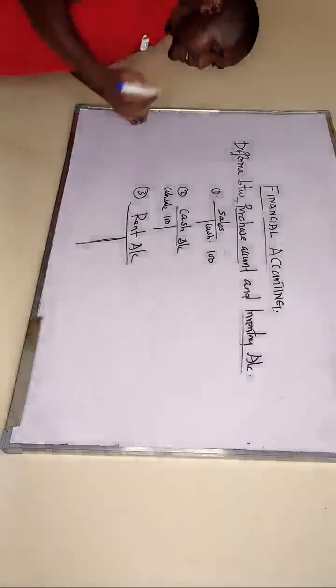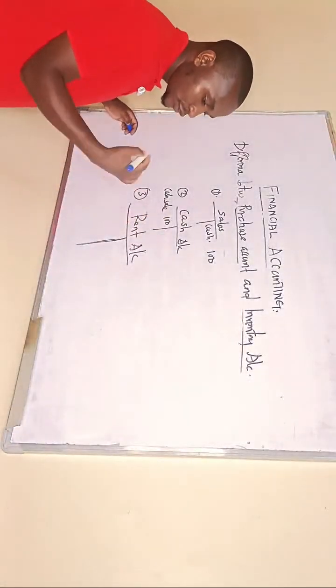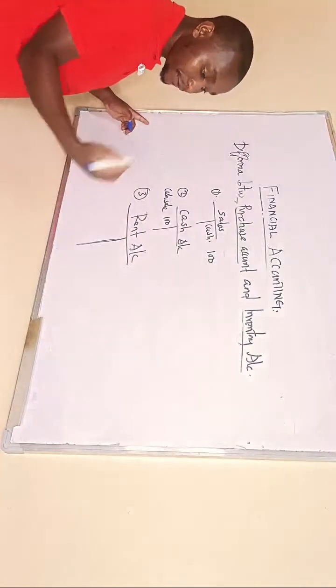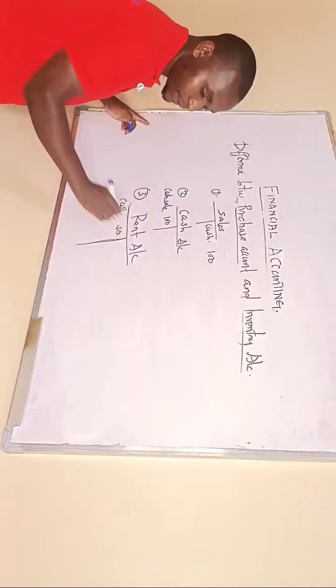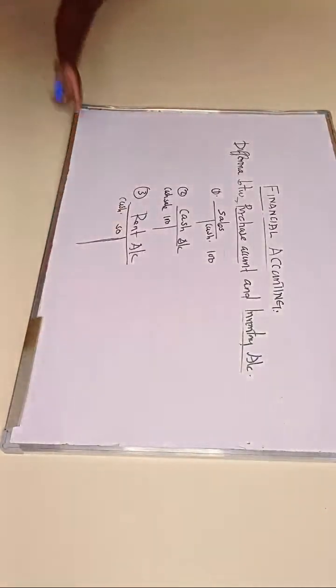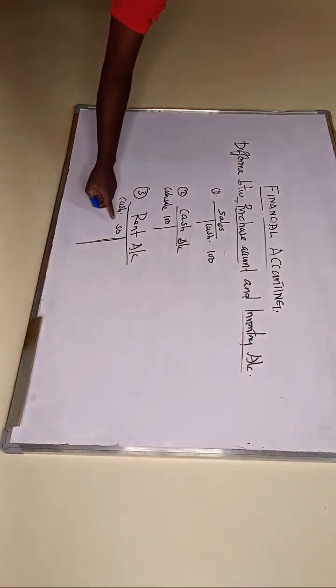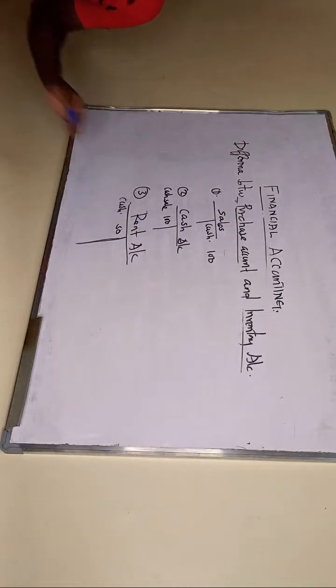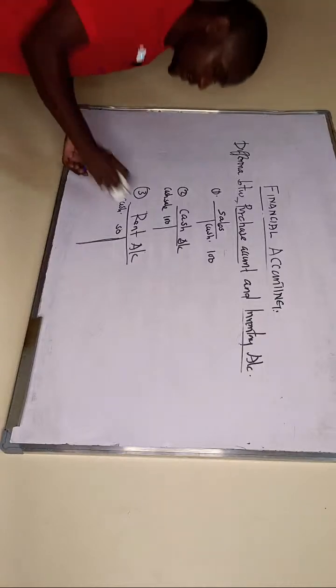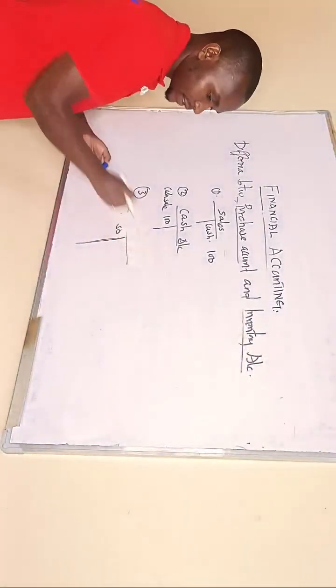So at the end of the month, maybe you pay a token of 50 shillings. You will come here and write cash 50. You pay a token of 50. Let's just put an electricity account so that it can make sense.